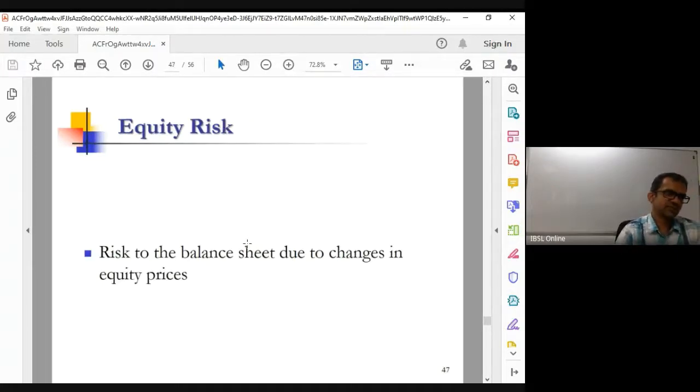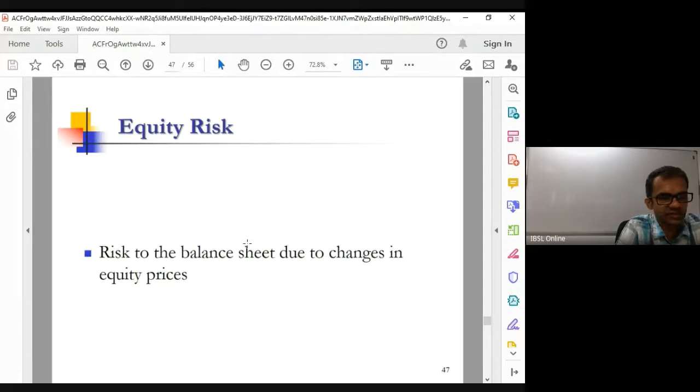I'm not going to discuss in detail because this is not that relevant for us. We didn't discuss equity, and it's out of scope of this module. Otherwise, just what you have to know is what is equity risk. That is because of changes in equity prices, the value of your portfolio will change.